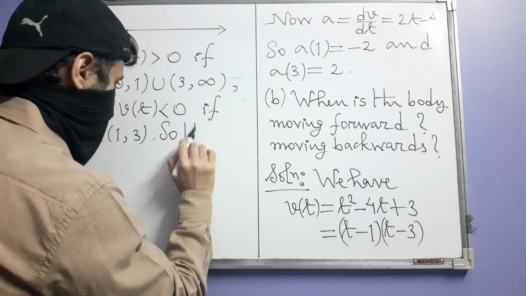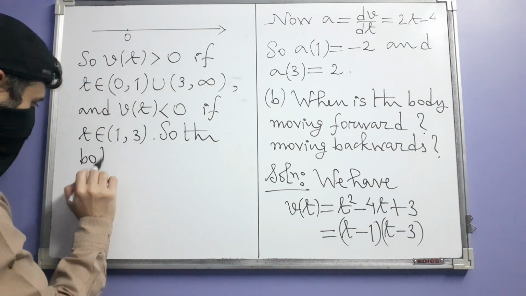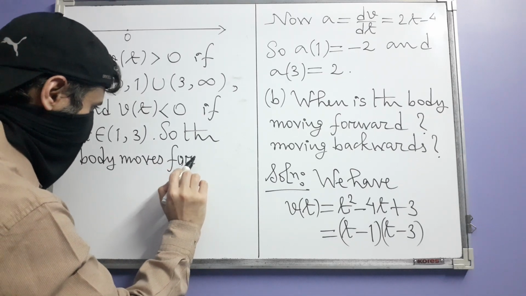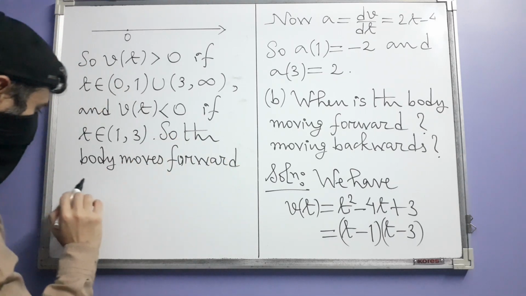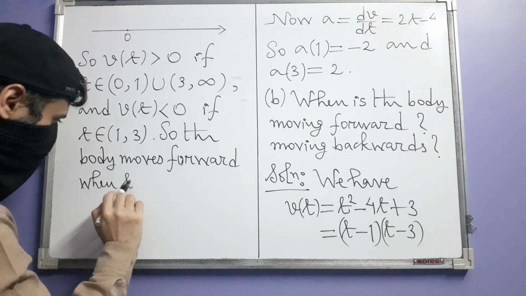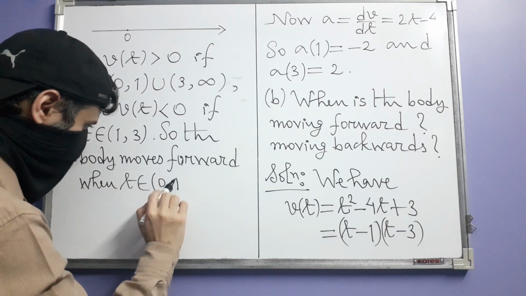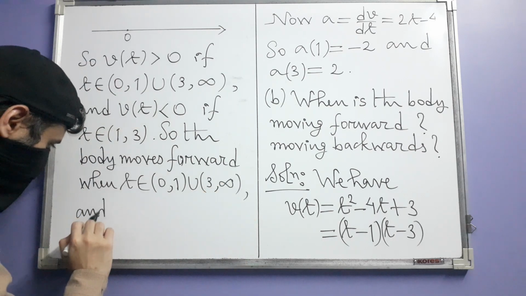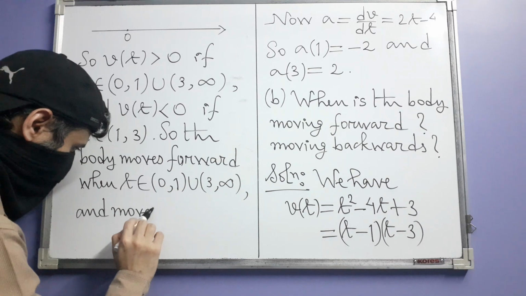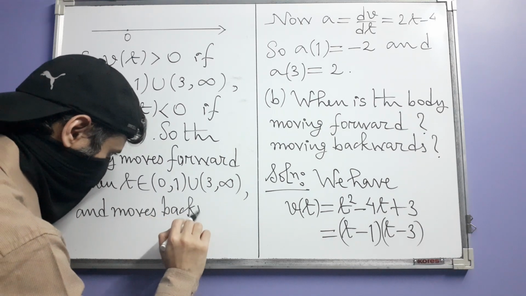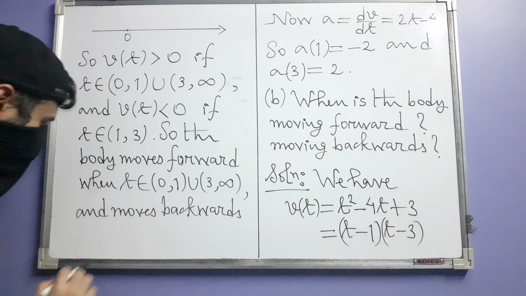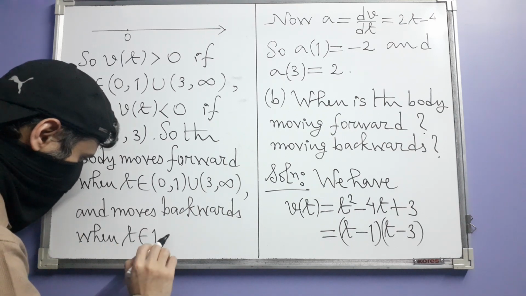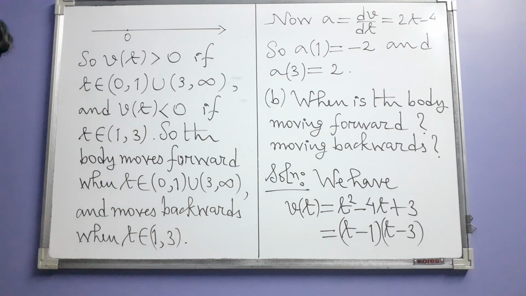So the body moves forward when t is lying here, and moves backwards when t instead lies between the 1 second and 3 second mark.